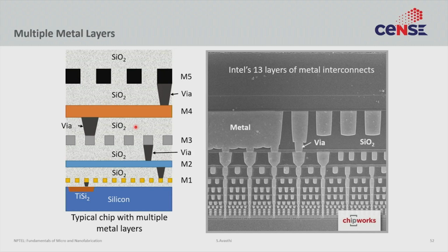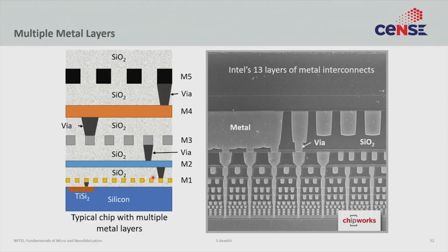You cannot use clean furnaces for these steps. You must dedicate separate equipment that is metal contaminated, and you must find processes that are low enough temperatures that these metals do not diffuse from these contacts through the vias, through the silicon dioxide into the silicon. So metal cannot move from here to here. All right. So that would be my discussion of metal layers.